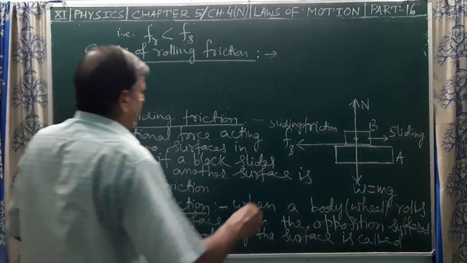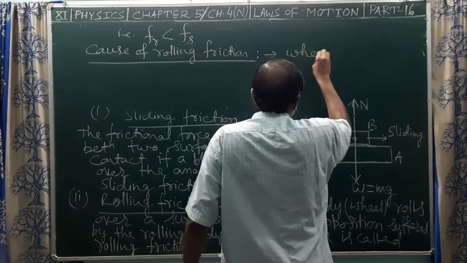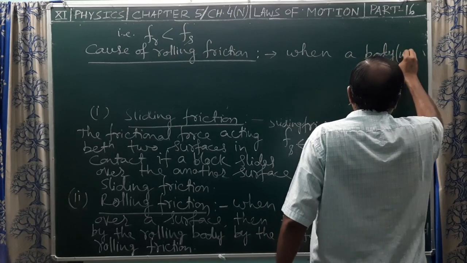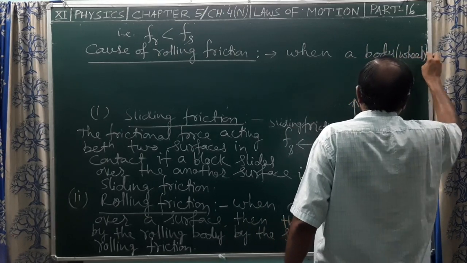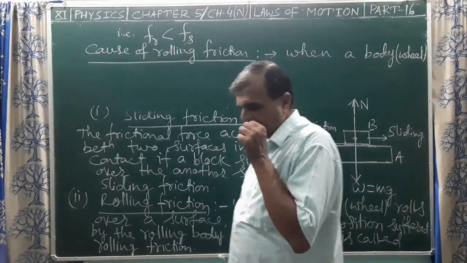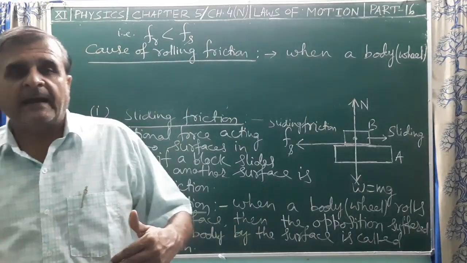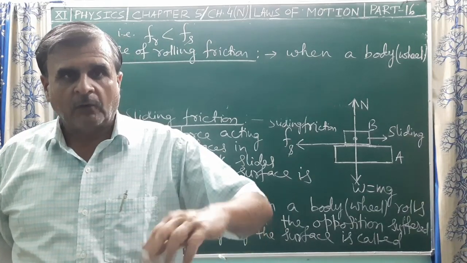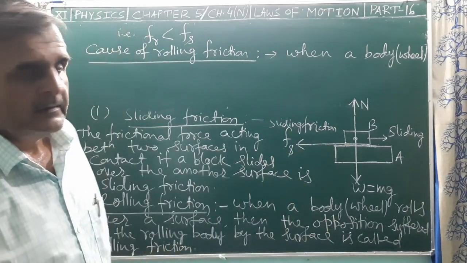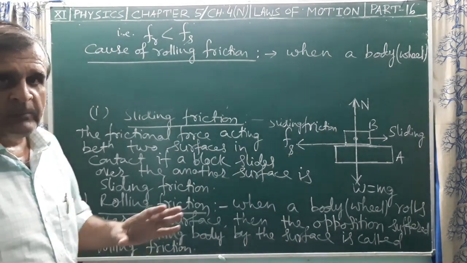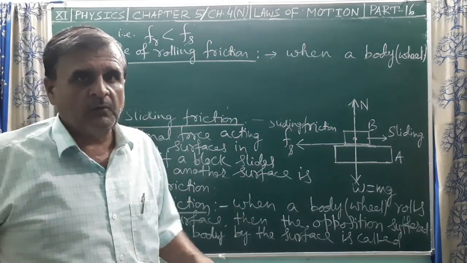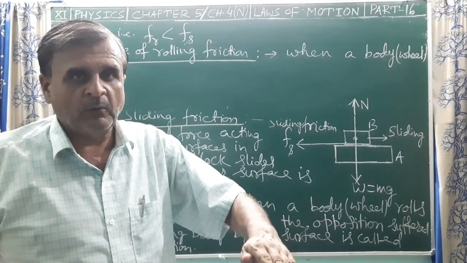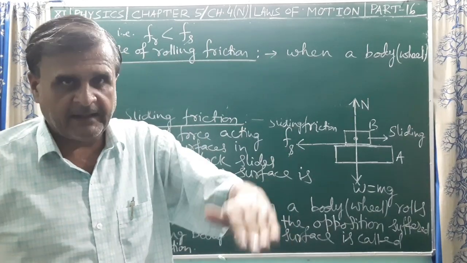So write down, when a body, say a wheel, अगर कोई बॉडी सपोज किया जाए, कोई व्हील है, पहिया है, मोटर व्हीकल्स का व्हील्स रोड पर जब मोशन करता है तो रोल करके मोशन करता है. तो जब कोई बॉडी किसी सरफेस पर रोल करता है तो उस व्हील के नीचे का जो सरफेस है वो थोड़ा डिप्रेस हो जाता है, थोड़ा दब जाता है.